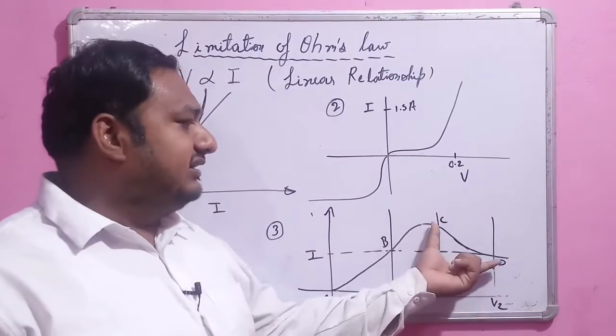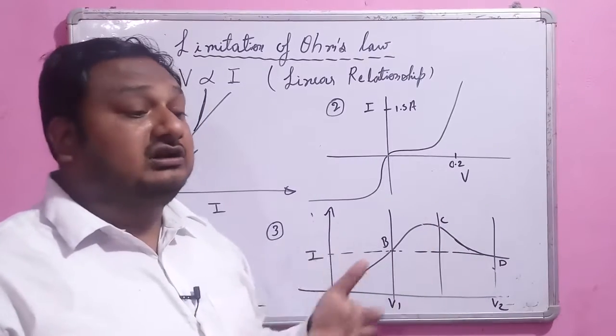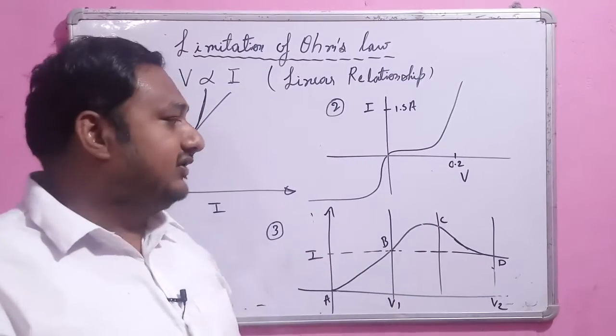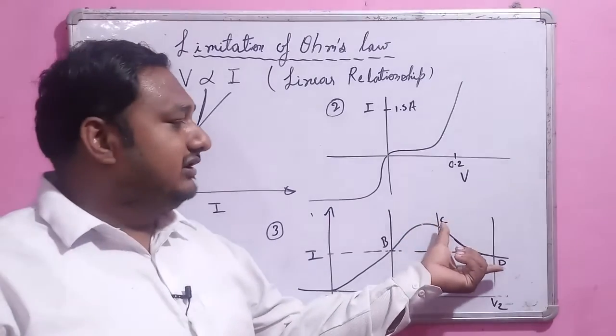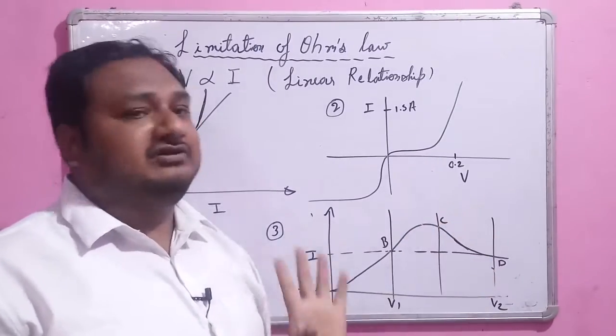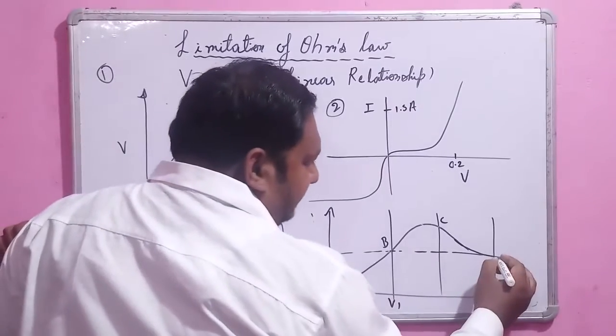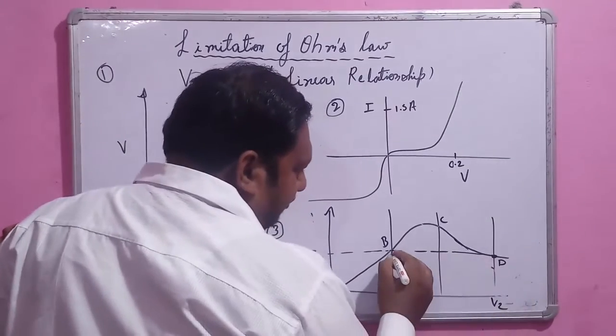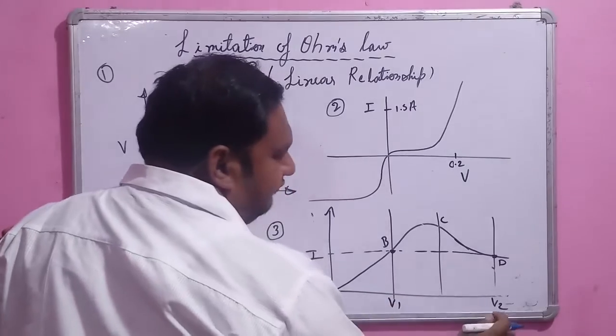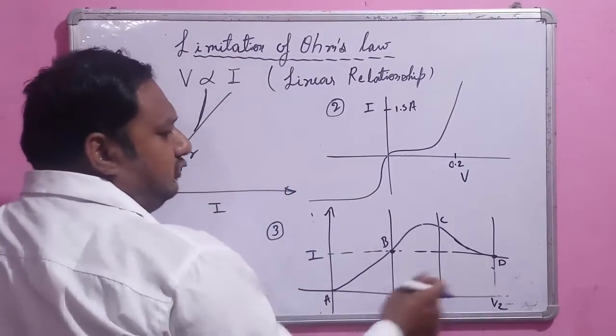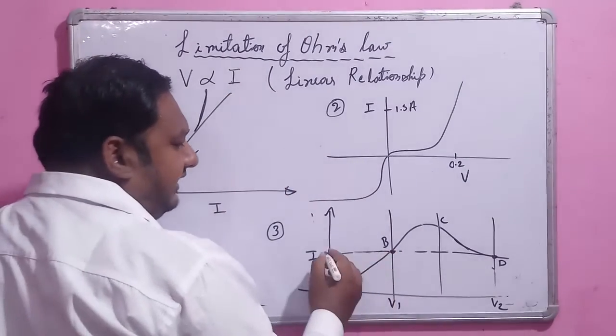But after that, in the part CD, the current of the conductor is going to be decreased. So that is called the negative region. Now you can see there are two values of potential difference, V1 and V2, for which we are getting the same current.